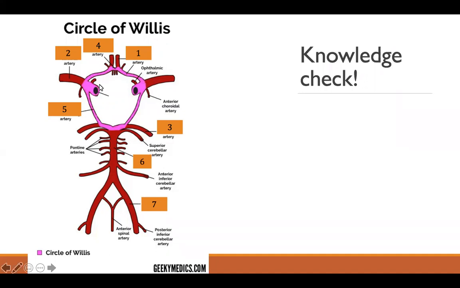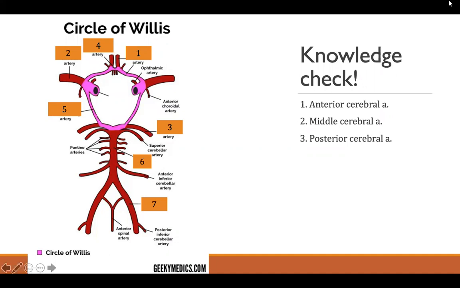Most people have an incomplete circle of Willis; it's pretty common. But it's well known as a complete loop where there are arteries that can take over if a particular artery is blocked. Going on to 1, I think everyone who's written down the answer is correct: it is the anterior cerebral artery. Number 2 is the middle cerebral artery. Number 3 is the posterior cerebral artery.